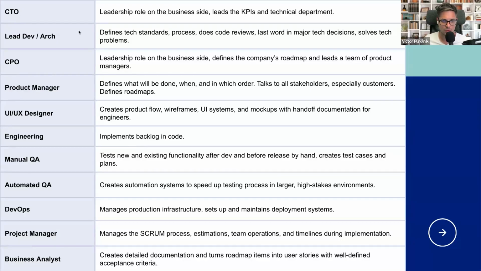All of this is also in your workbook. But there's a tech leader, a CTO, a lead dev, a CPO, a product manager, a UI UX designer. There's engineers. There's a manual QA person, a tester, essentially, an automated QA engineer who writes tests. There's DevOps, a project manager, and a business analyst who writes documentation. Right? Can be one person, just to be aware that you need that and who does it.